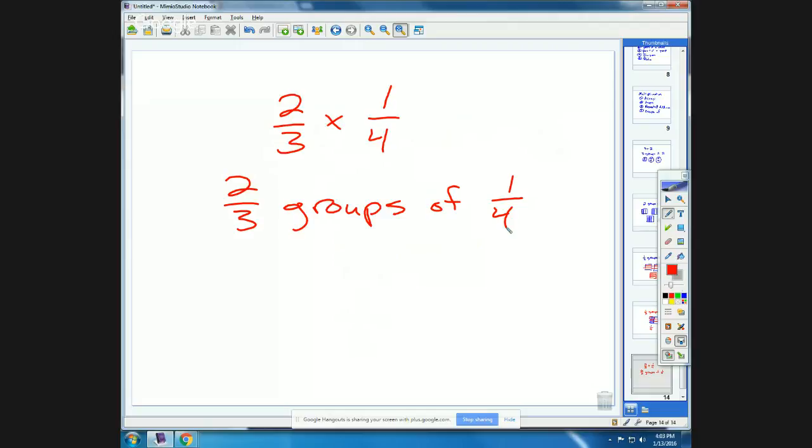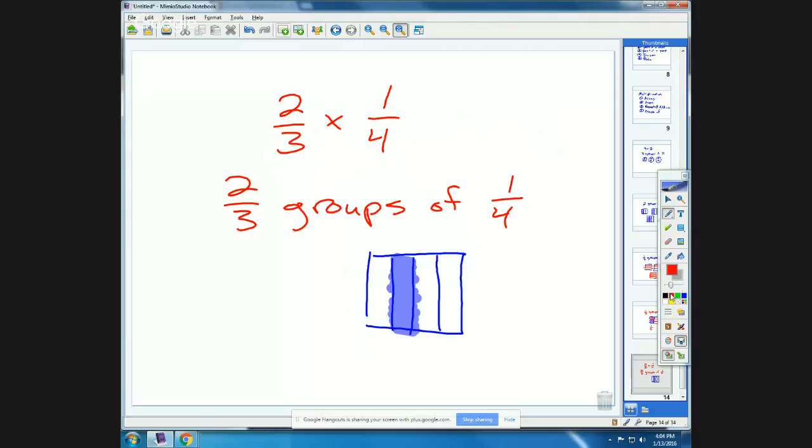I have to draw the fourth because I need to take 2/3 of something, but I need to draw that thing first. So I start with my whole, and I cut that sucker in fourths, and then I pick one of them, like maybe this one right there. So there's my 1/4.